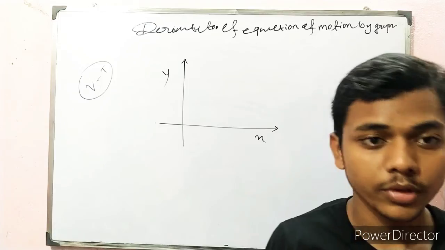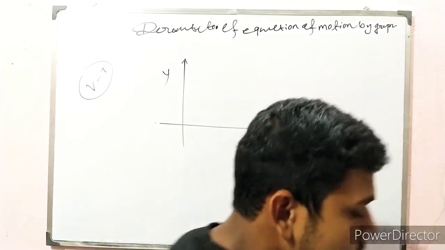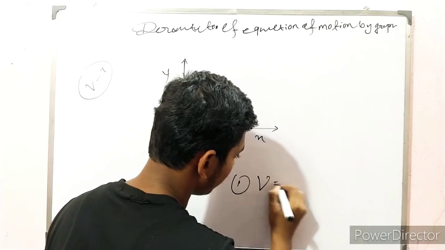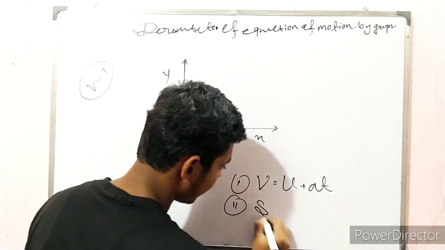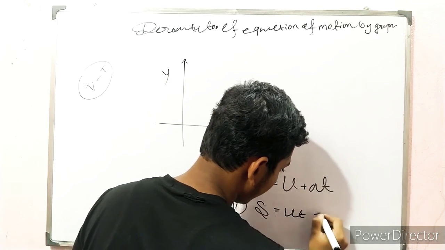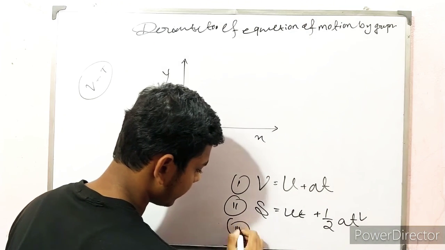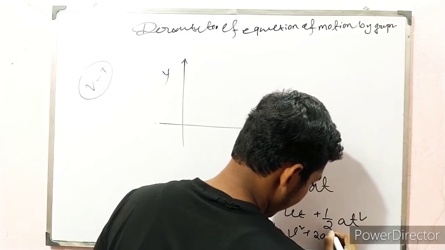velocity-time graph. So at first we know there are three equations of motion: the first is v = u + at, the second is s = ut + ½at², and the third is v² = u² + 2as.